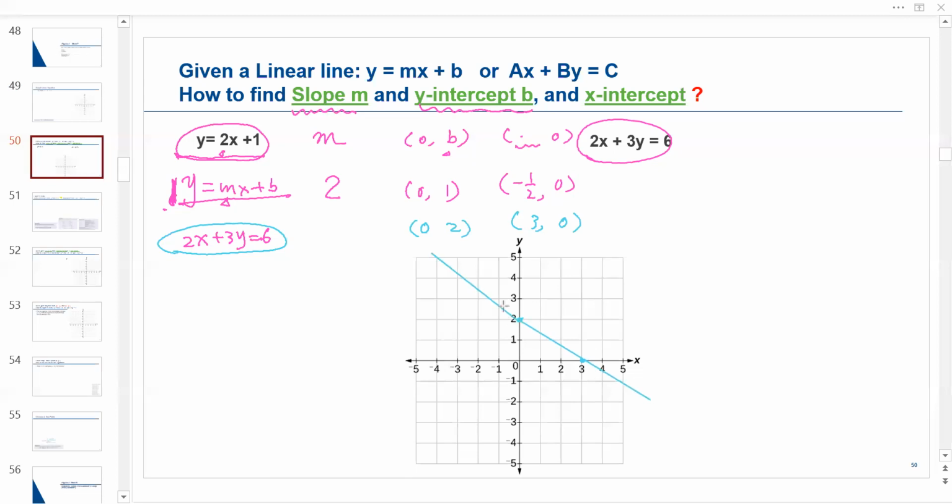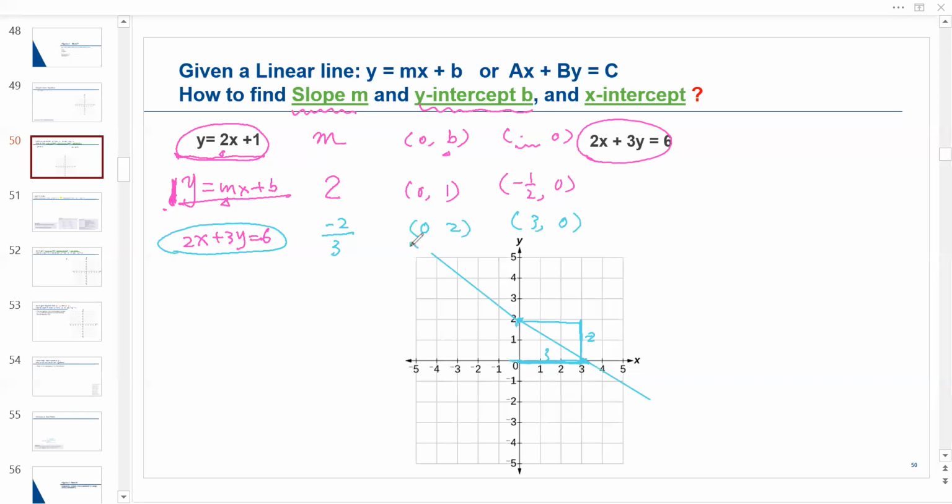You can see x moved 3 units from the first dot to the second dot, and y moved down 2 units. So the slope is -2 over 3.